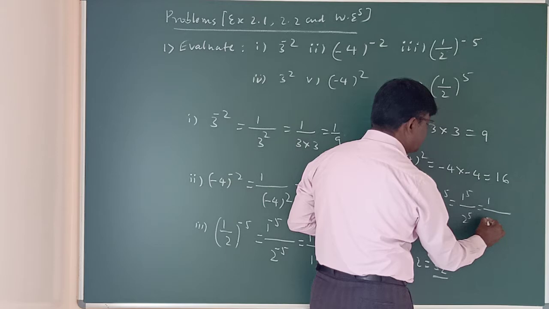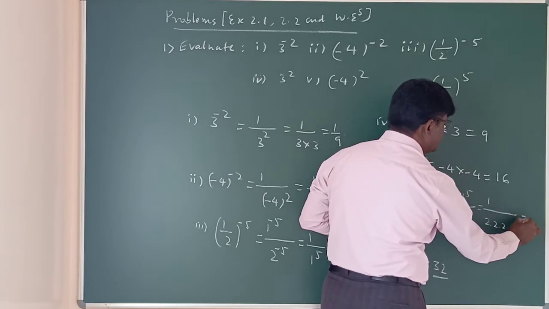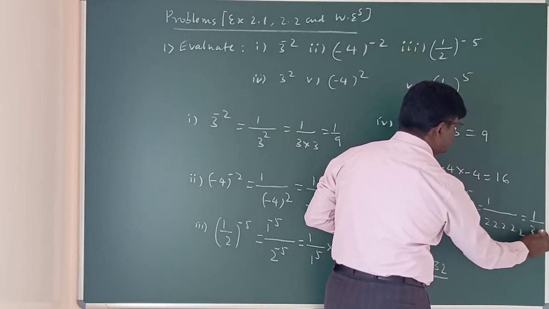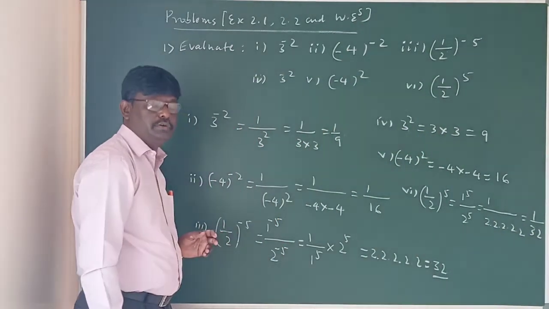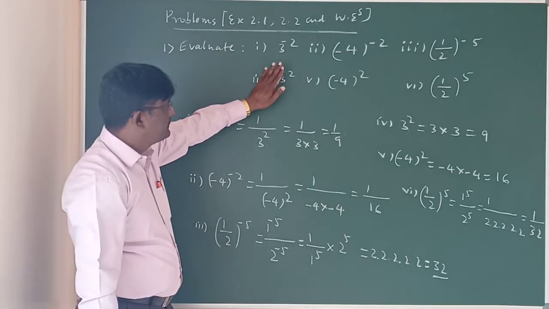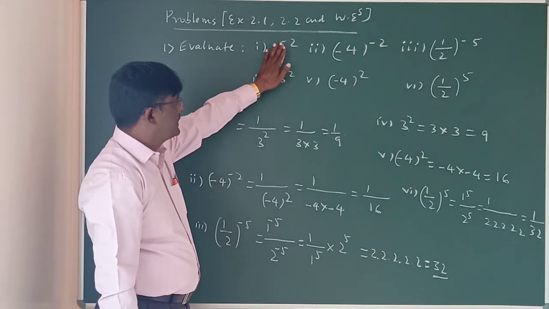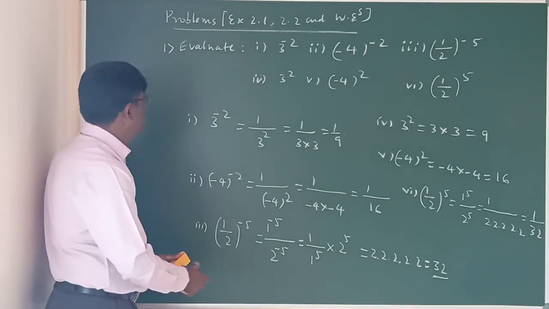By 2 power 5, 2 into 2 into 2 into 2 into 2 equal to 1 by 32. So thus, by using the rules or the laws of exponents, we can evaluate some numbers having negative or positive exponents.